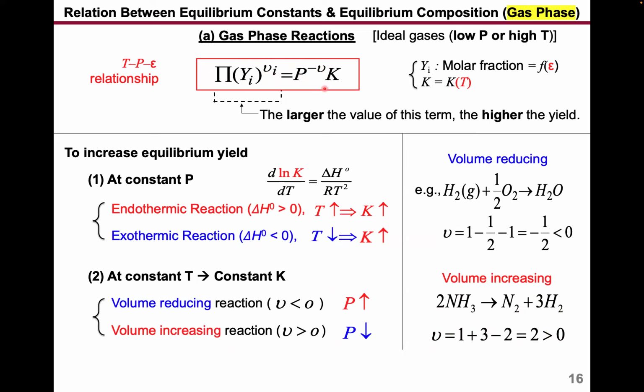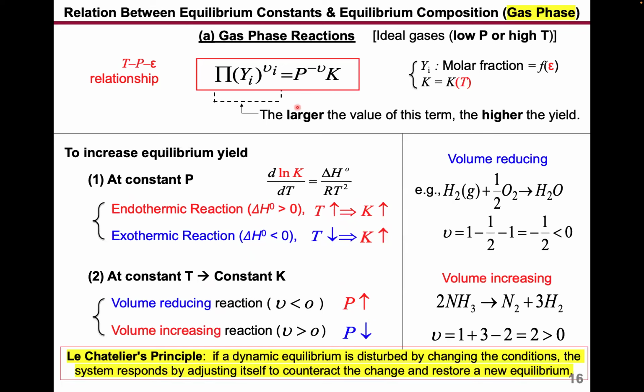So now, as you can see, for different types of reactions, you can manipulate your temperature and pressure to maximize your equilibrium yield, and they change in opposite directions, actually. This is governed by Le Chatelier's principle.